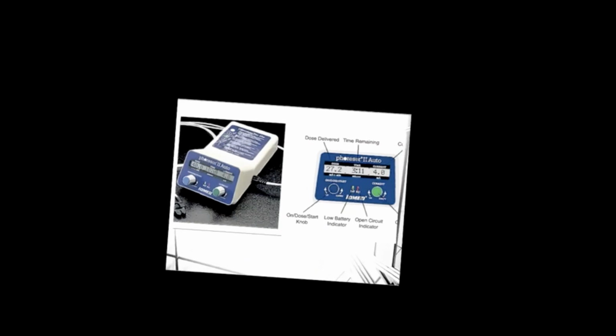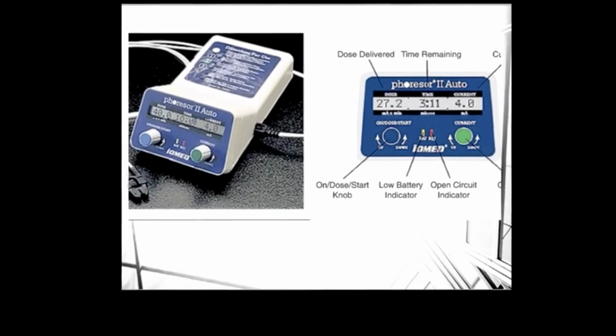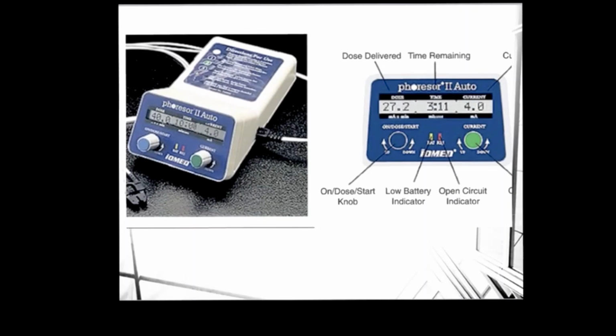Okay, so typically on the machine, what we're going to enter is the dosage here. And then we're going to adjust the current. So let me get my laser pointer out here. Okay. So the dose you enter on the machine, you see how it says 40 there? That dosage is in 40 milliamp minutes.